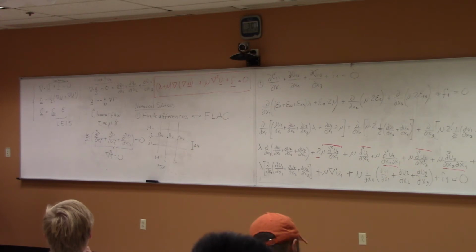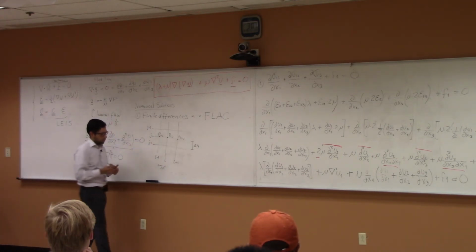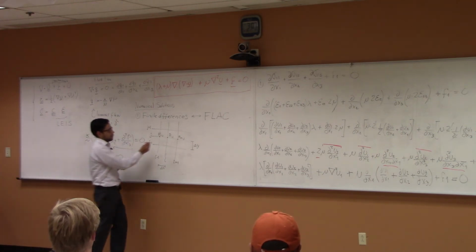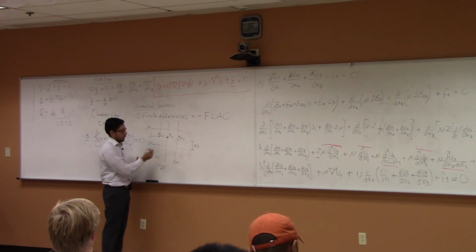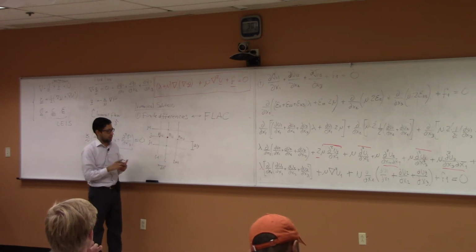Okay, so you're correct, but let's talk about the meaning. What is the meaning of a derivative? First of all, the physical meaning will be the slope, right? The slope of, in this case, the pressure field.